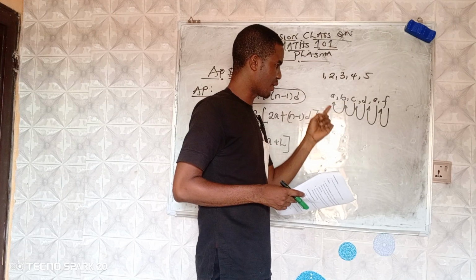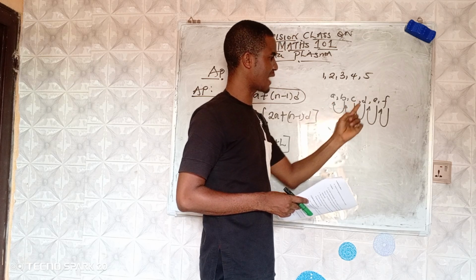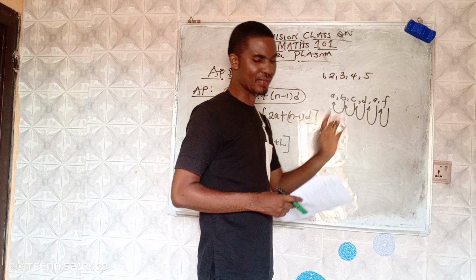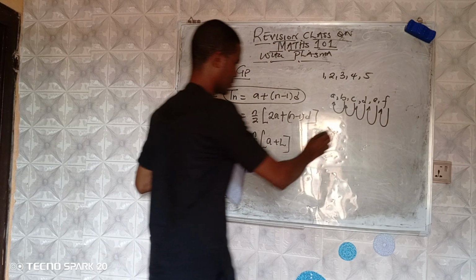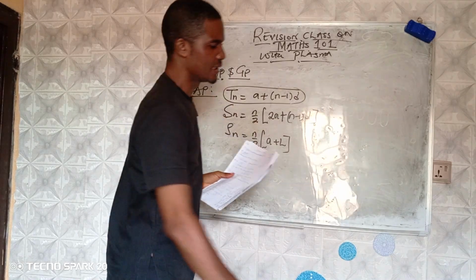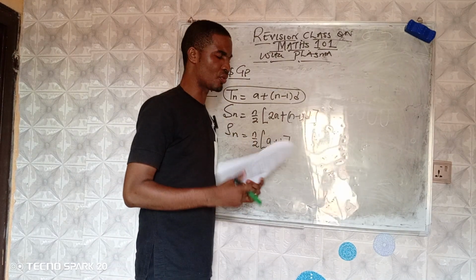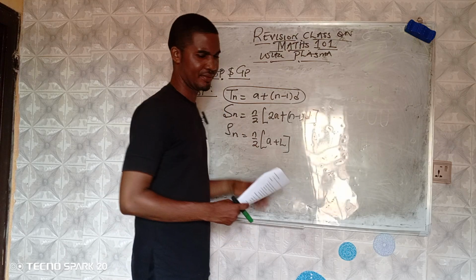Once b minus a is the same thing as c minus b, is the same thing as d minus c, that sequence is said to be an arithmetic progression. That is one thing we must note there. The next thing we have to note is how to attack questions in AP.